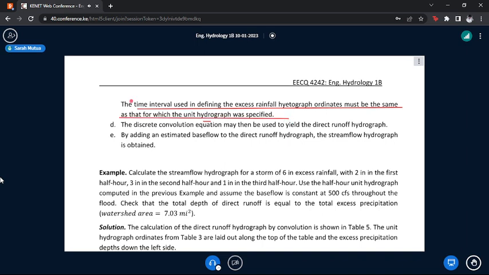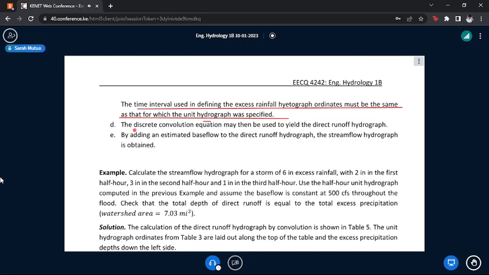So you have to know first the time step for the unit hydrograph, and ensure your excess rainfall ordinates have been calculated using the same time intervals.